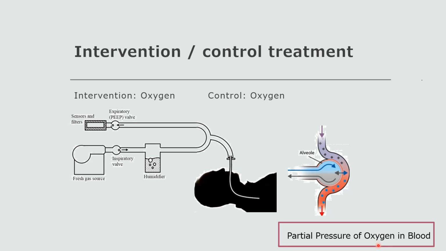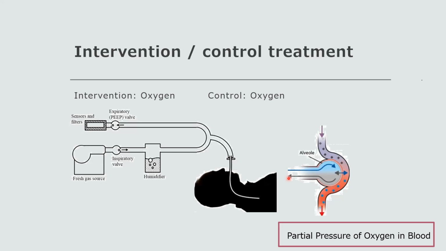So the partial pressure in the blood is dependent on how much oxygen flows into the lung. So it's the fraction of oxygen going into the lung, but additionally, it's depending on the proportion of oxygen going out of the lung. And we can regulate the outflow, and this can be done when you add some pressure when breathing out, and breathing out is the expiration, and this pressure is called PEEP.